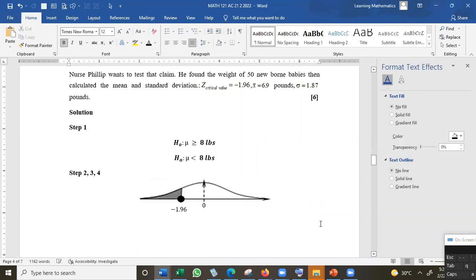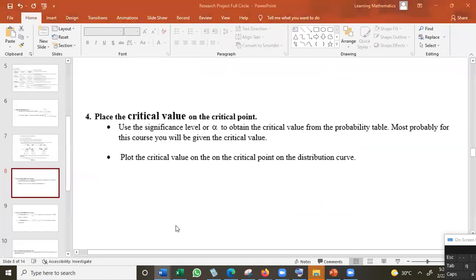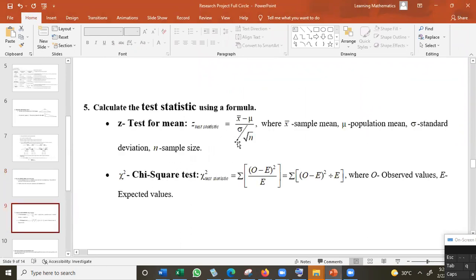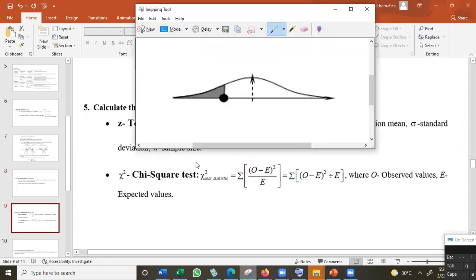Okay, so let's check step number 5. What does step number 5 say? Step number 5 is saying to calculate the test statistic. So here's the formula for the test statistic. It's a z-test statistic.